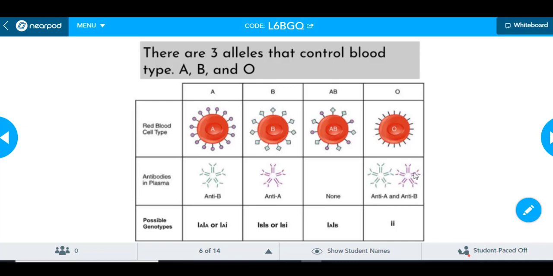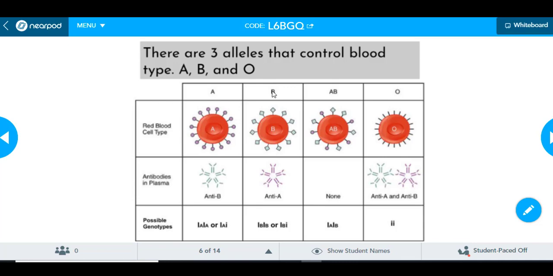So they can only receive O blood. They can give to anyone because they don't have those glycoproteins on their red blood cells. Sometimes they're referred to as universal donors, but they can only receive O blood because they're making antibodies against the other 2 types.